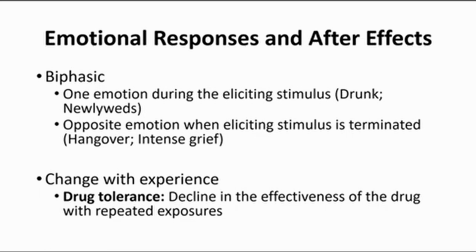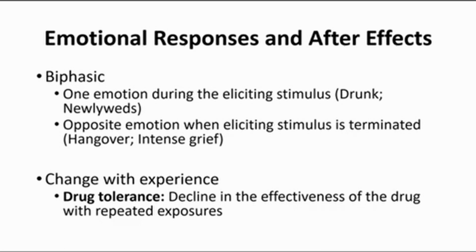During the eliciting stimulus, we could look at something like drinking. When you are actively drinking, you might experience those depressant-type symptoms, more relaxed, calm, mellow, and that's during the stimulus of alcohol. But afterwards, you might experience the opposite emotion once that eliciting stimulus has been terminated. Once you stop drinking and go back to normal, then you have a hangover.